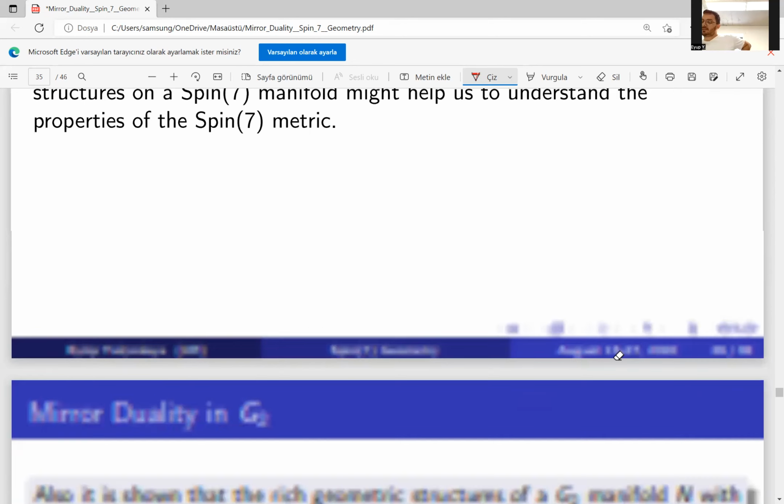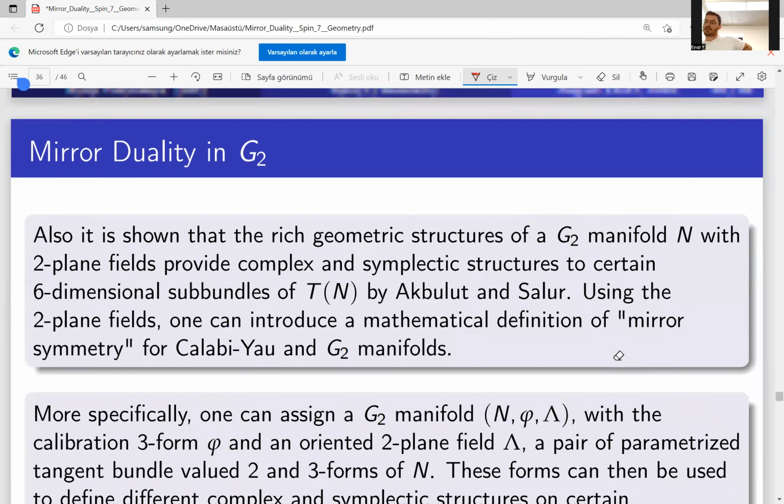And for the G2 case, some mathematicians worked on this: Akbulut and Salur construct the Calabi-Yau manifolds in G2 because they slide the dimension. G2 is a 7-dimensional object, okay? If you reduce your space, you can find a 6-dimensional object, and that 6-dimensional object can be seen as a Calabi-Yau manifold.